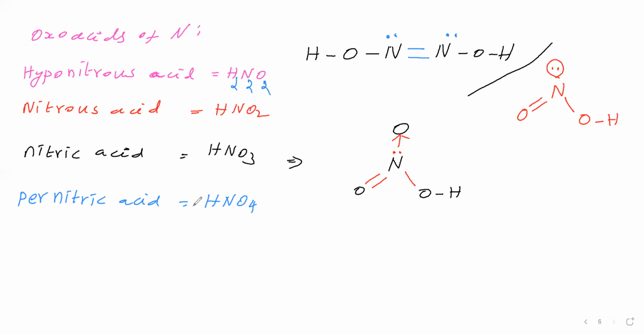Next, we will see pernitric acid. In pernitric acid, a peroxy linkage is present. So, how many oxygens are in the peroxy linkage? How to find it? We have to find how many oxygens are peroxides. So, give the oxidation number of hydrogen, that is +1. For the nitrogen oxidation number, we see its group number is 5A.